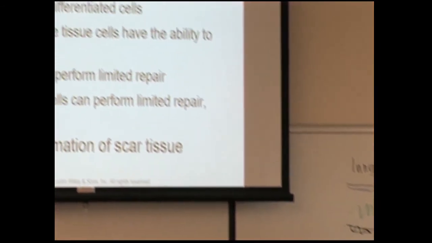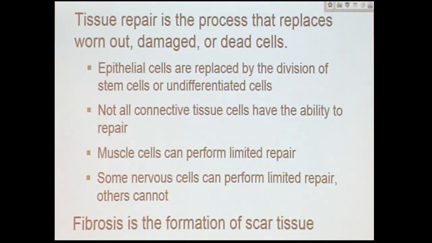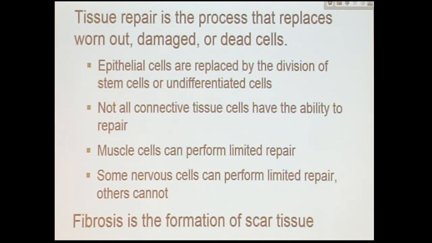All right, and just one last slide about tissue repair, even though we mostly already talked about that. Especially in those epithelial tissues, those cells are not all that strong. They don't live that long. They're kind of made to just be constantly replaced. And so the way you replace them is to have stem cells divide.